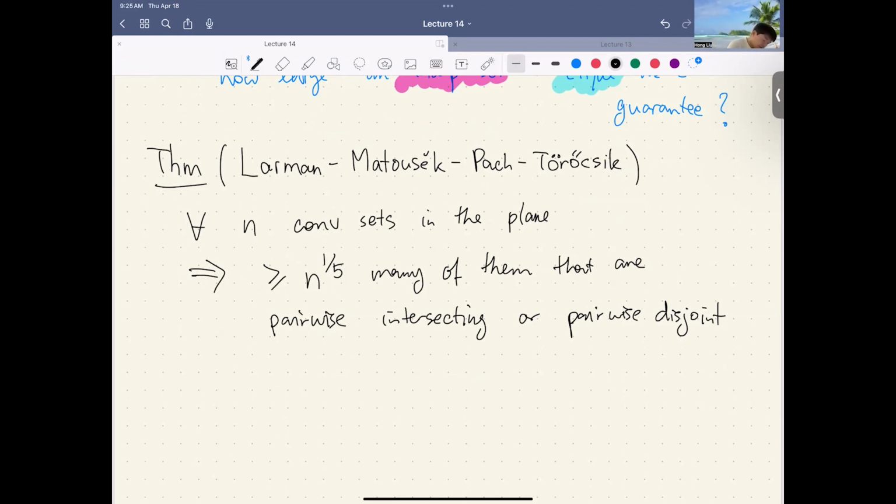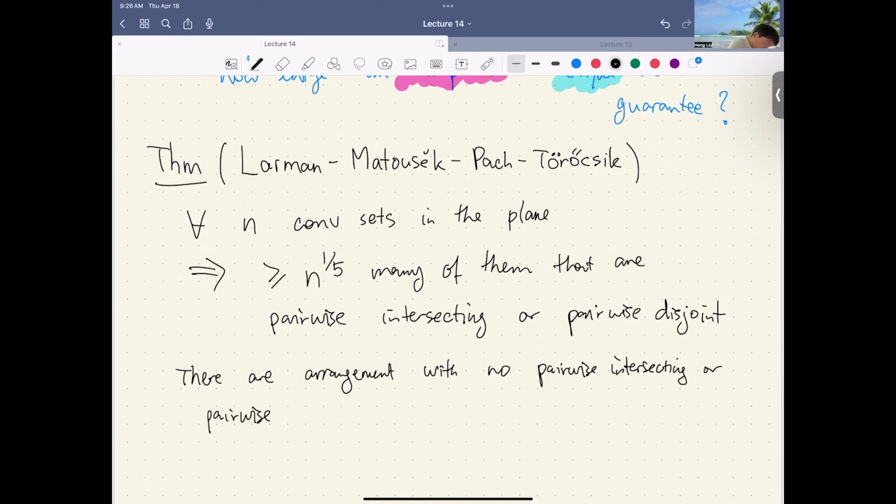So they prove an upper bound: there are arrangements of n planar convex sets with no pairwise intersecting or pairwise disjoint subfamily of size larger than n to the log 2 over log 5, which is roughly n to the 0.431.